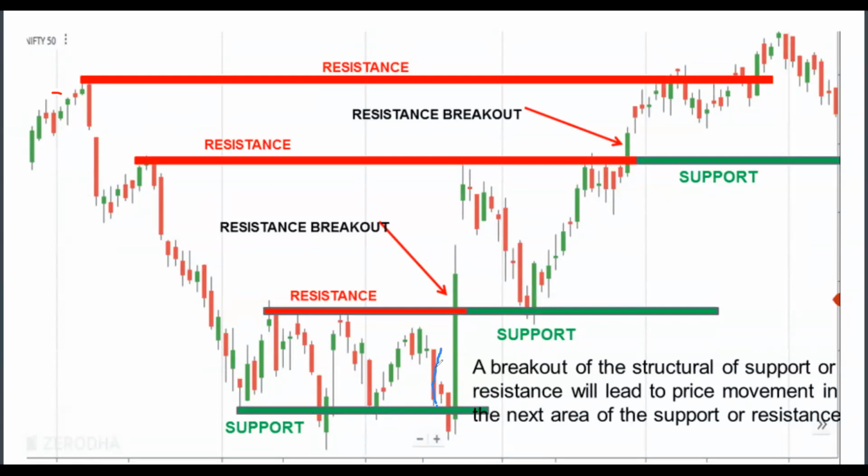Where we have support, it breaks structure here, breaks resistance, comes up here, comes back down. This is now support here, comes back to this area, taps the resistance, retraces a little bit, pulls back into the zone, into this resistance again, taps it again. This is now support, and then continues to go in a bullish trend.